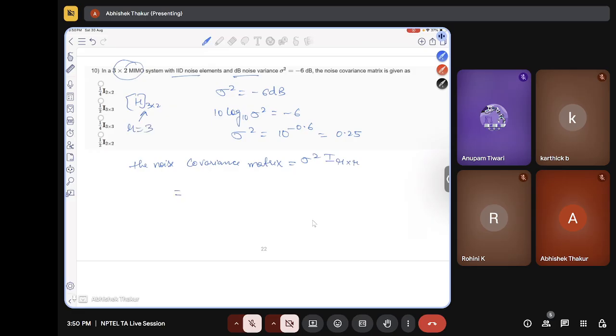So the noise covariance matrix will be sigma squared I 3 cross 3. I is the identity matrix. So we can write here 0.25 times 1, 0, 0, 0, 1, 0, 0, 0, 1. Or also we can write 1 by 4 I 3 cross 3. So the correct answer is option number C.